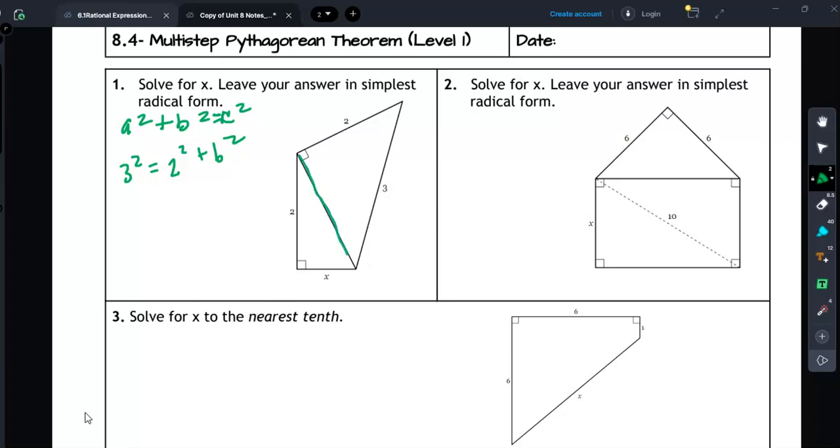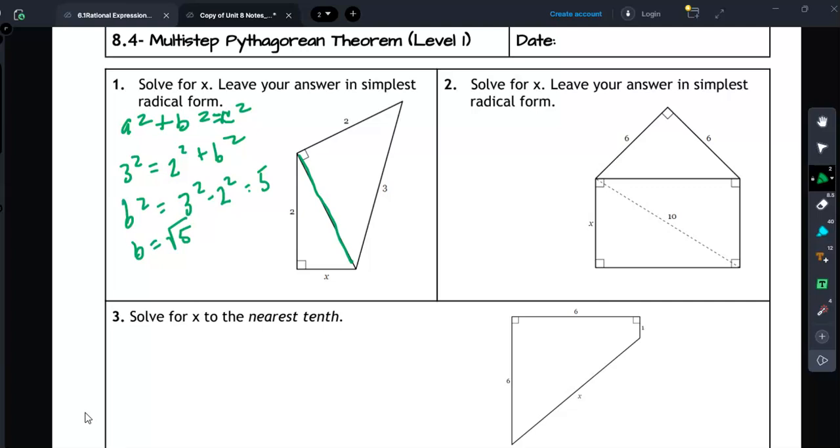We're solving for this, right? Right here. So B squared equals 3 squared minus 2 squared. So that's going to be 9 minus 4, which is 5. So B equals the square root of 5. Does that seem right to everybody? Okay. I didn't make any errors there.